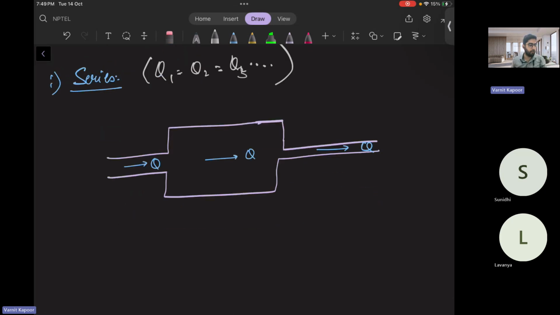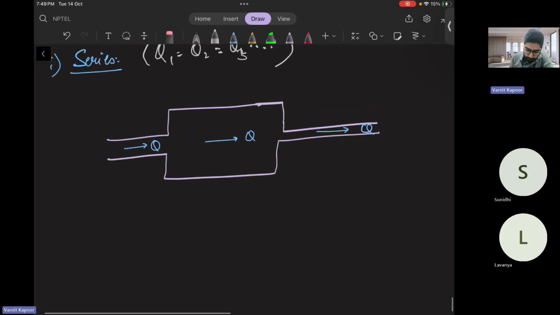If we assume that minor losses are neglected, it's the same as a resistance circuit with a voltage battery, where the current is the same in series and in parallel it is distributed. Similarly, here the flow rate is the same in series and in parallel it will be distributed. So if minor losses are neglected, how will we add up the major losses altogether?